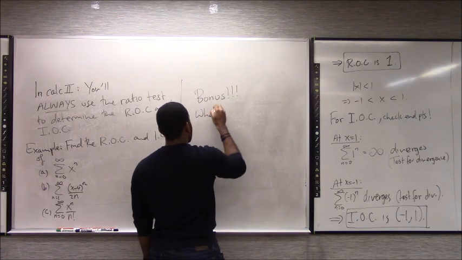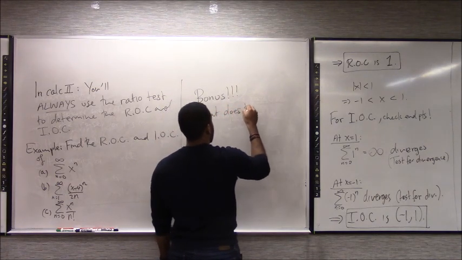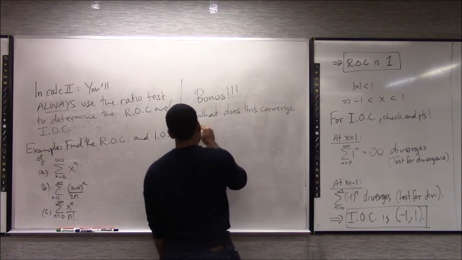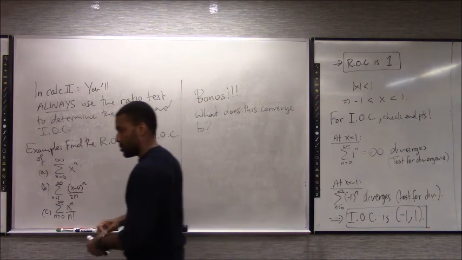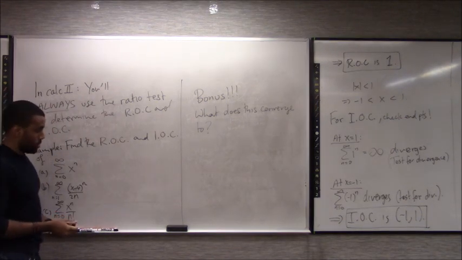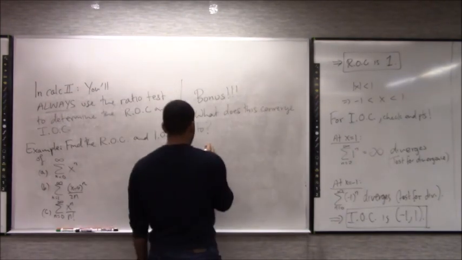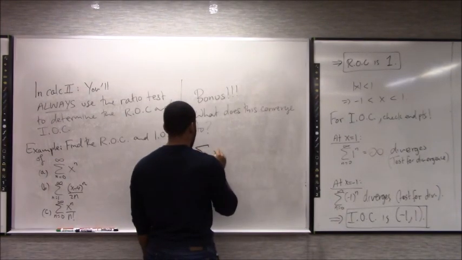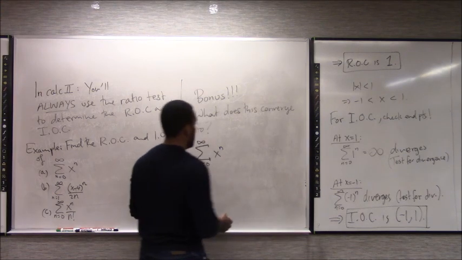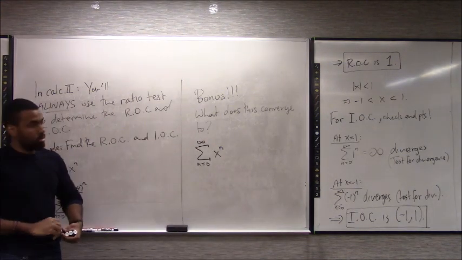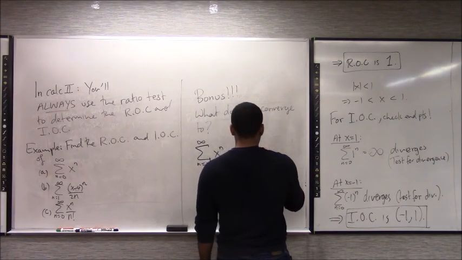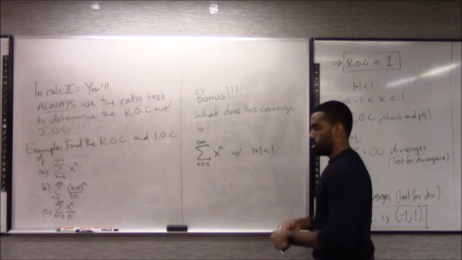What does this converge to? So if I'm looking at this series here, x^n from 0 to infinity, what does it converge to, if x is less than 1 in absolute value?